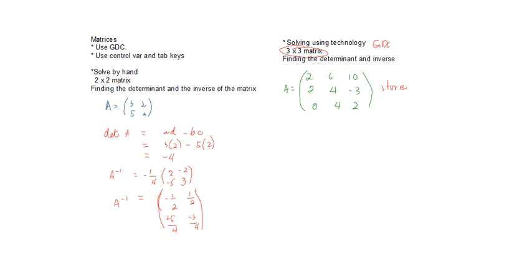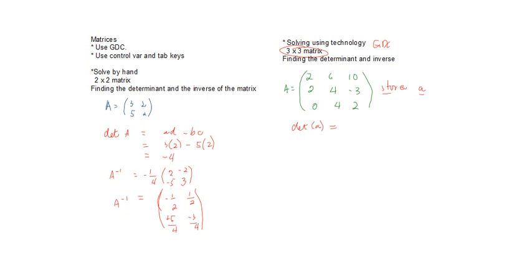So you store this data, you may write control var, you may say that it's equal to A. Now to find the determinant of A, you just use your calculator under matrix and vectors, and then you click on determinant. You must store this first, let's say you store this as A. So you write determinant of A, and this will already give you the answer.